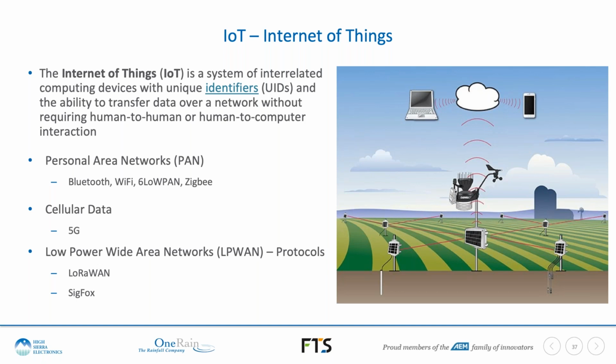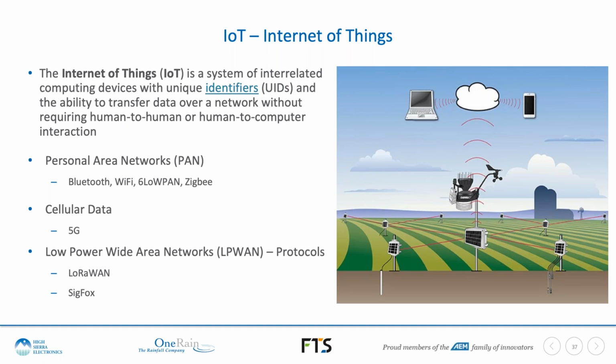A lot of what we hear about, a lot of the protocols, Bluetooth, Wi-Fi, Zigbee, 6LoWPAN, these are more local areas, sometimes referred to as personal area networks, smart homes and things like that. What we're more interested in, covering larger areas would be LPWAN, so low power wide area networks, and cellular certainly fits into that category.